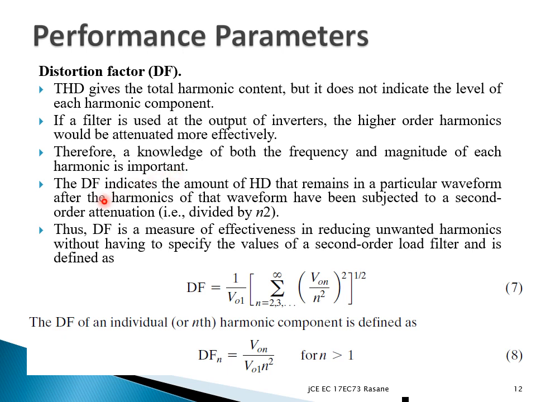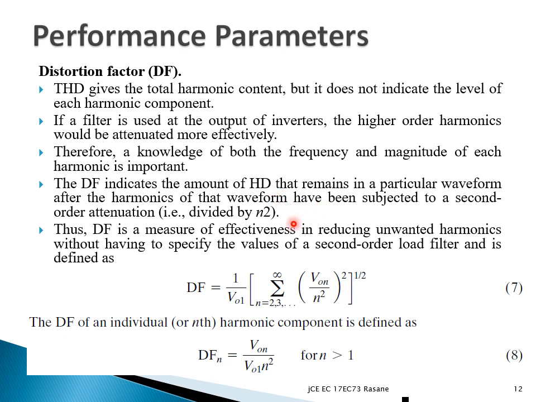The DF, the distortion factor, indicates the amount of harmonic distortion that remains in a particular waveform after the harmonics of that waveform have been subjected to a second order attenuation, that is, divided by n squared. So how do we evaluate it?